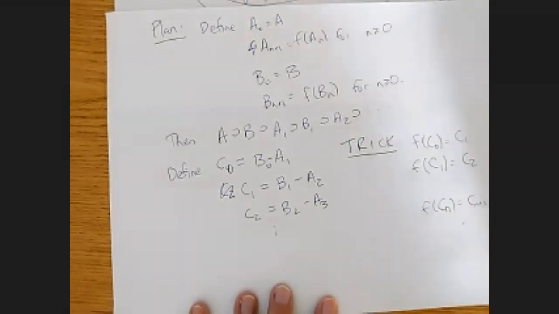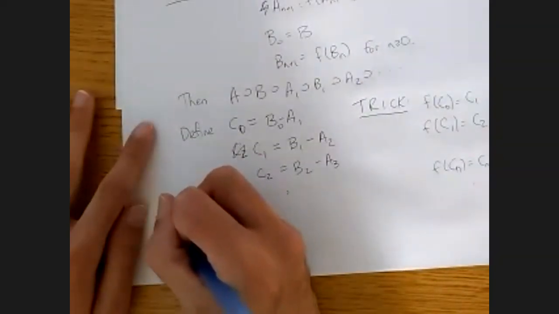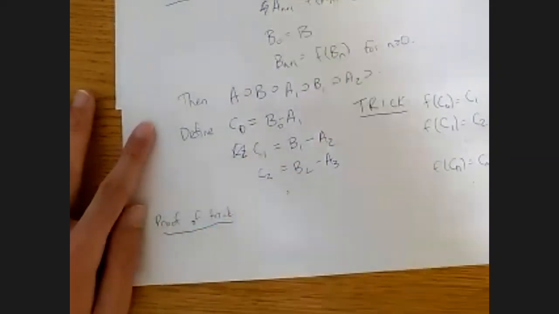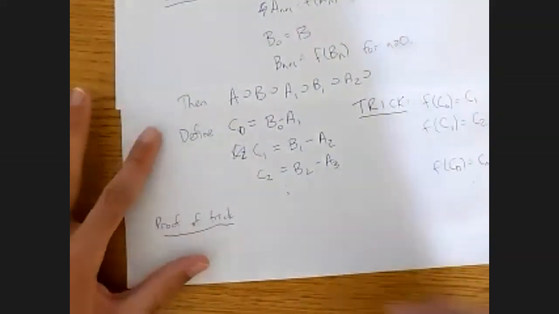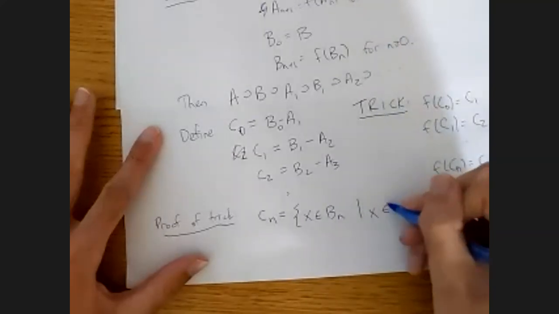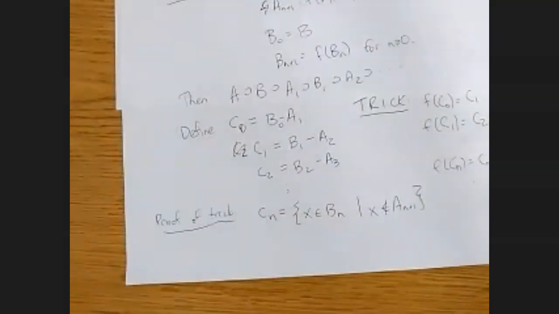Okay, let's prove that the trick works. So, proof of the trick. Okay, so C_n equals all the x's in B_n such that x is not in A_{n+1}.